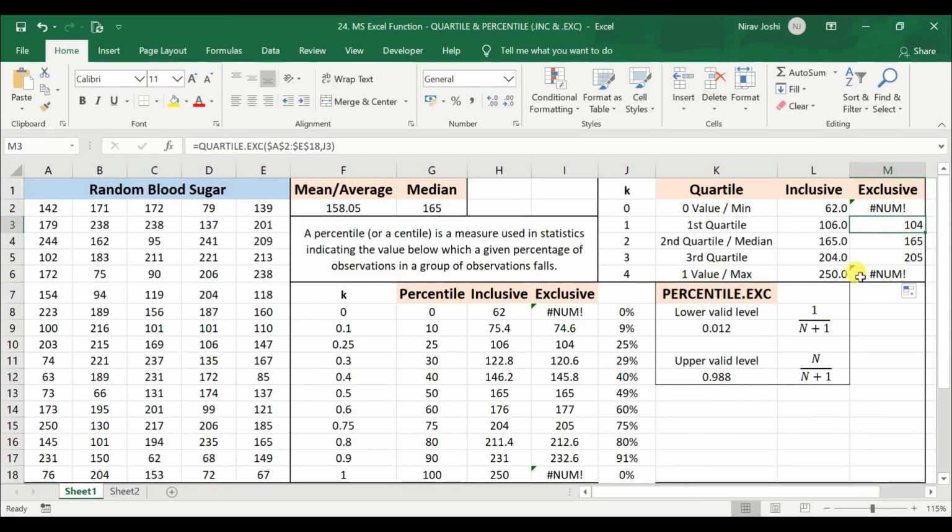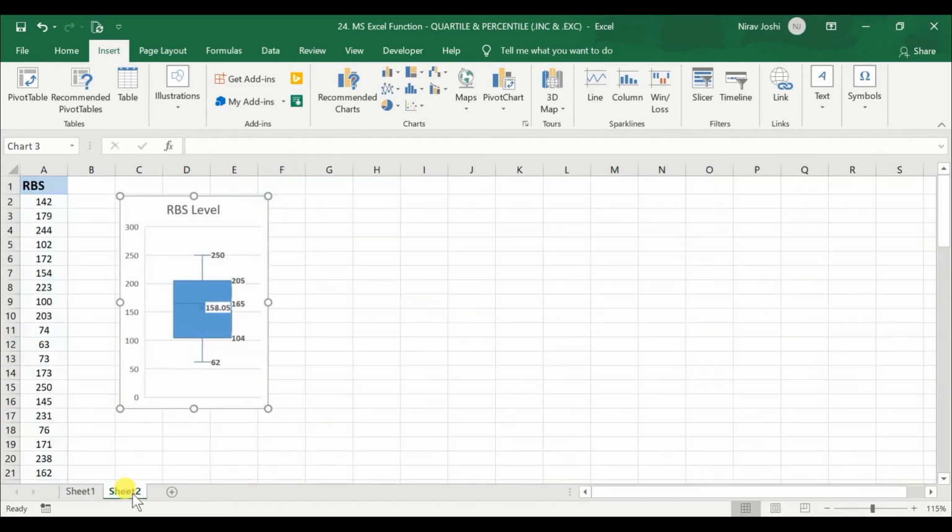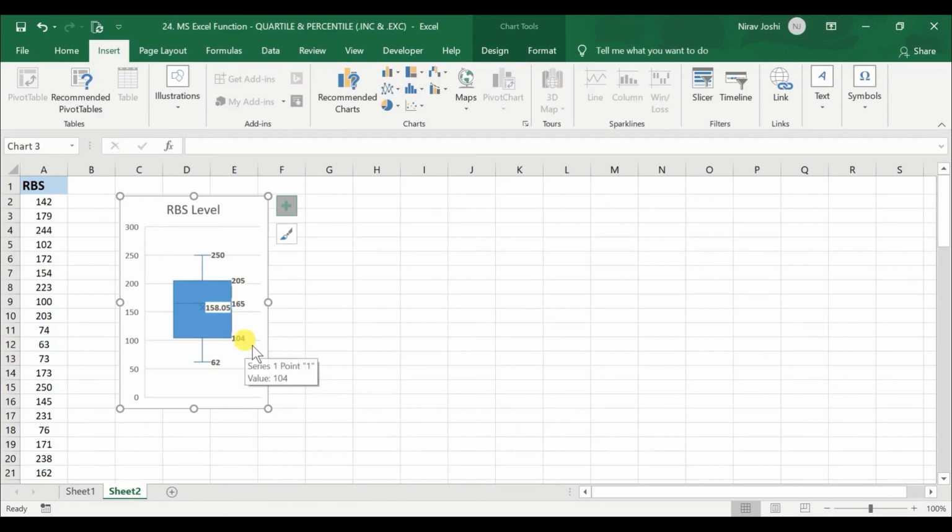Now in reference to this calculation and in support of using quartile exclusive or percentile exclusive, I would like to tell you that when we plot this data in the box and whisker chart available in Microsoft Excel, we can see that it follows these quartiles, that is the first, second and third quartiles, in the preparation of the chart. So here the first quartile is at 104, the median is 165, and the third quartile is at 205.